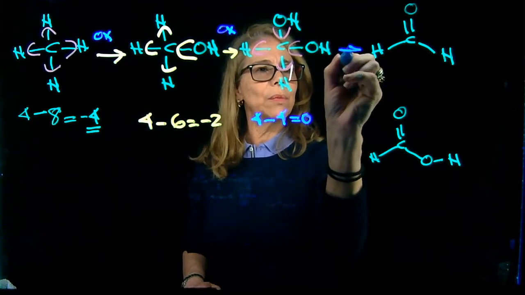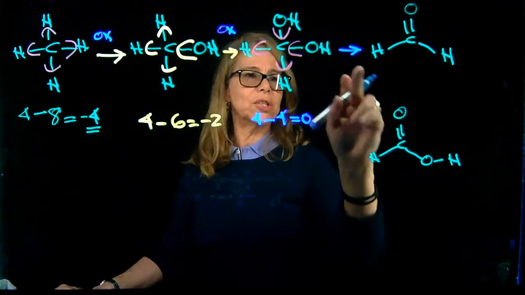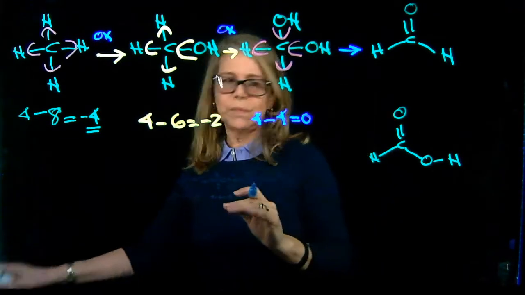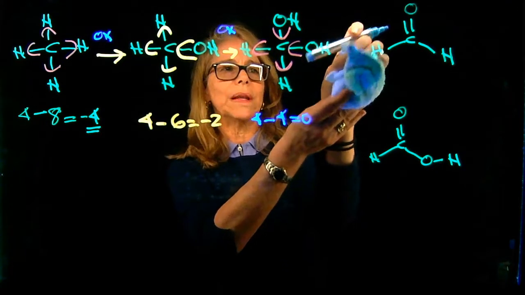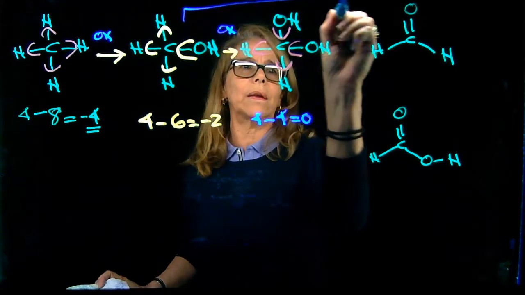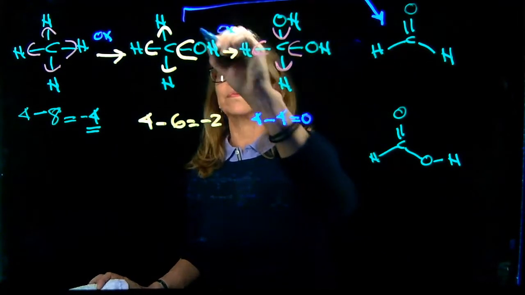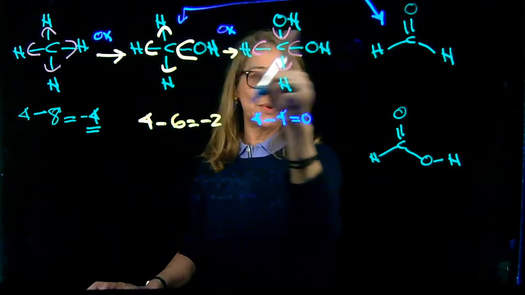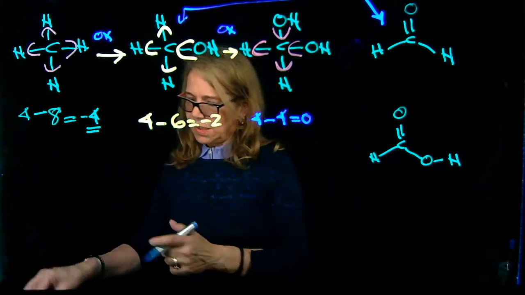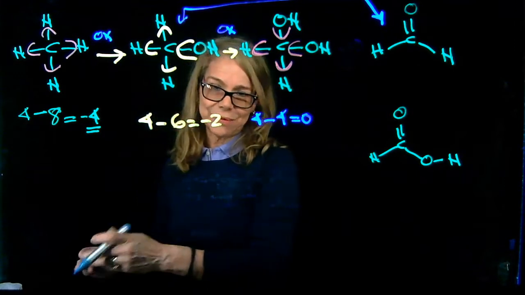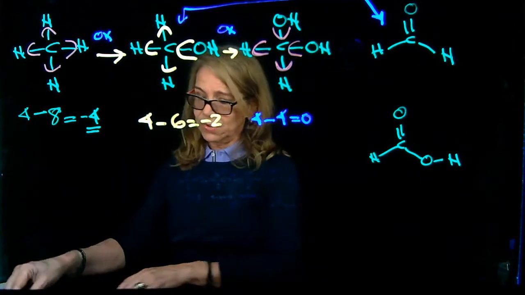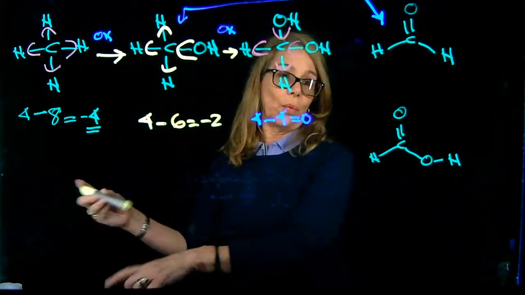Let's see what happens when we consider the change. I'm not going to write an arrow here, but let's compare this to the other. What happens if I go from here to here? Again, we follow the same strategy. We assign electrons in a bond to the one that is more electronegative.